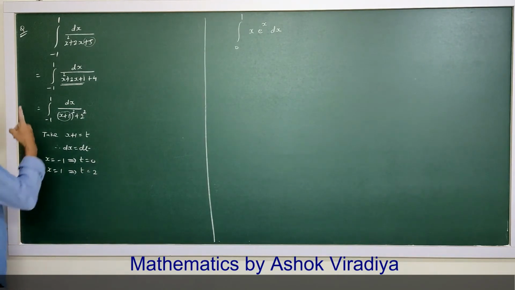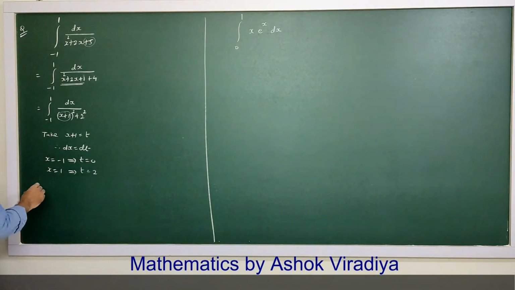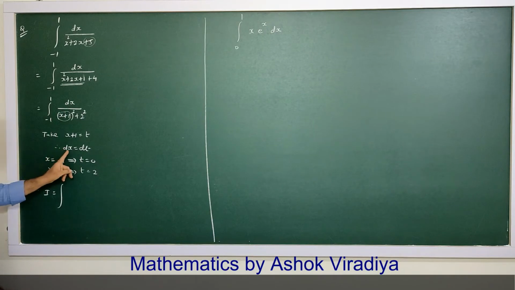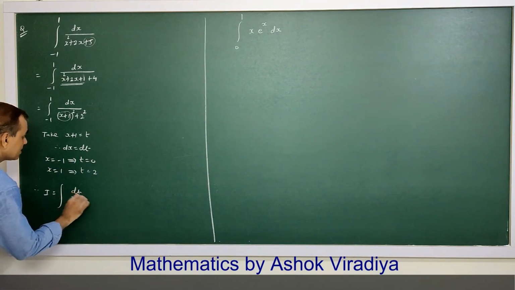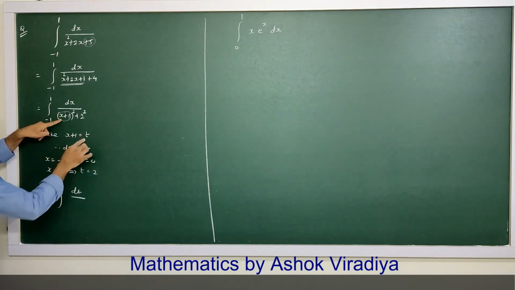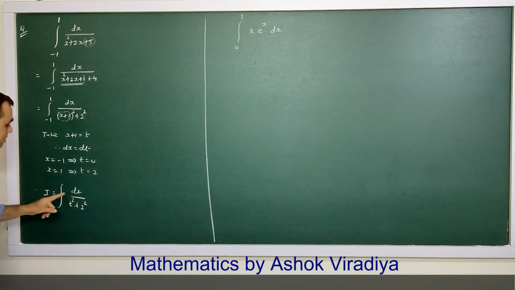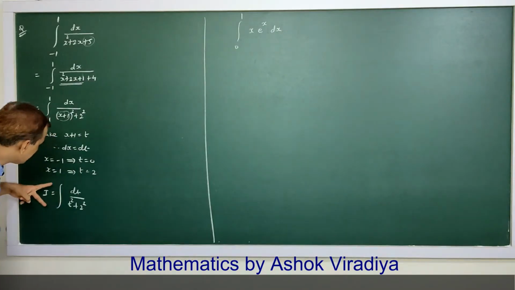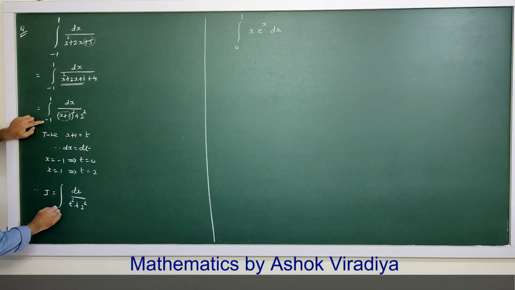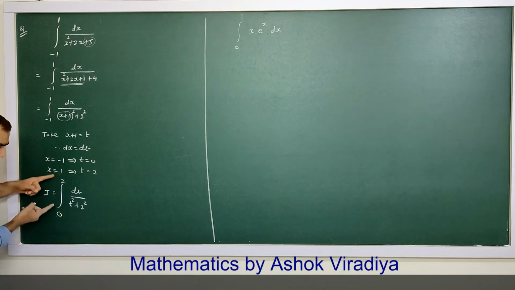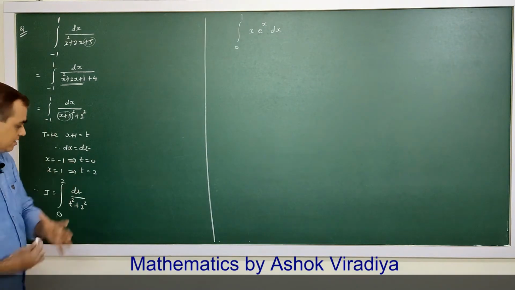So the integral is, therefore, dx is dt, and when x plus 1 is t, put t here, and because now the new variable is t, we change the limit. Minus 1 will be replaced by 0, 1 will be replaced by 2. So don't forget to change this limit when you change variable.